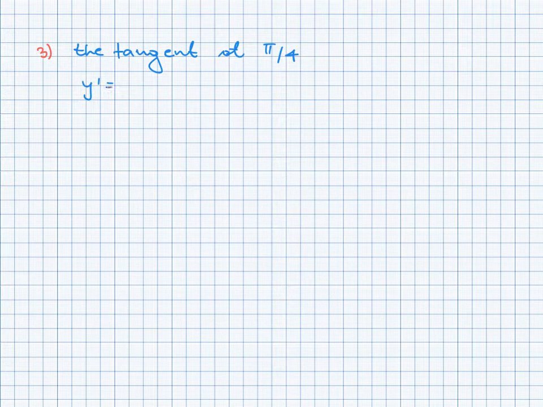y dash is equal to, I think it was negative 2 cos of 2x over sin to the power of 2 of 2x. Let me just check that on the previous page. Yep, that's the correct one. So when x is equal to pi over 4, y dash is equal to.